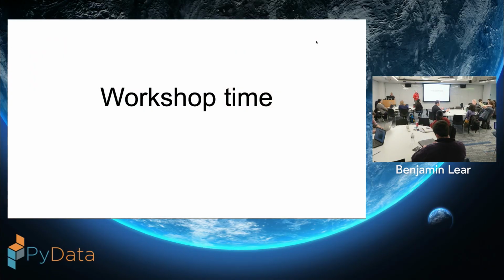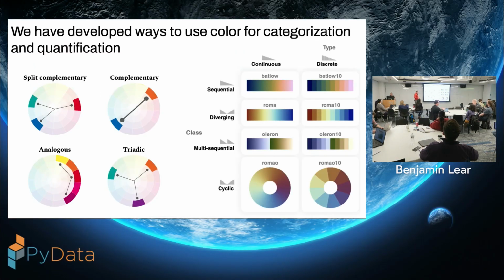Okay, so I guess we'll be done almost. I just want to quickly summarize. I think the main points, other than always know what you're trying to say, are that we talked a little bit about how you would pick qualitative or categorical colors using these heuristics, and then some ideas of how you would quantitatively map color. I think those are the two broad things that we're trying to communicate.